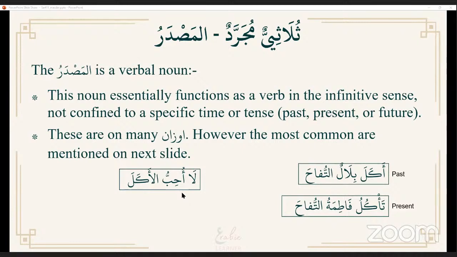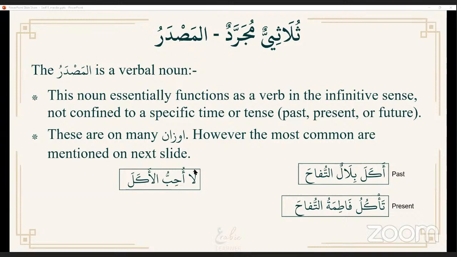Now tell me, mustatir is there in which fi'l? Mustatir comes in only two forms. Which are those? Hua and hiya. Very good. So here it is uhibbu.